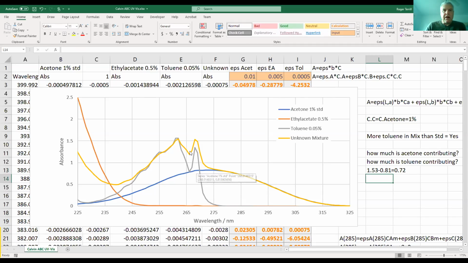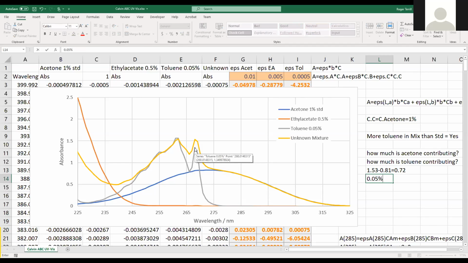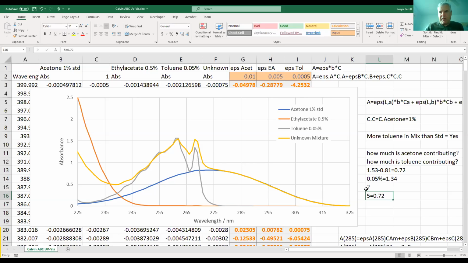So now if we go up to the toluene spectrum, you can say that 0.05% equals 1.34, then what percent equals 0.72?